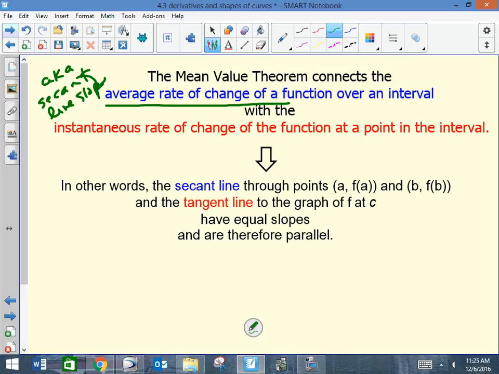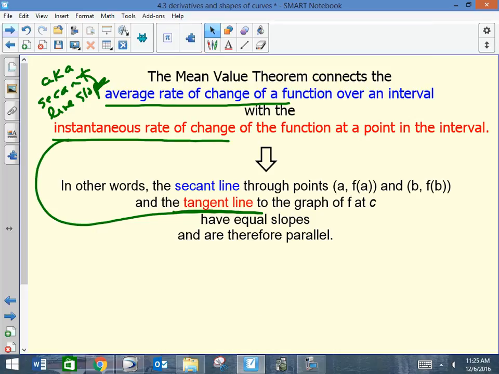We had the average rate of change early in chapter 2. Okay? The instantaneous rate of change is the tangent line slope. So basically we're saying that they're the same. That's just different language.